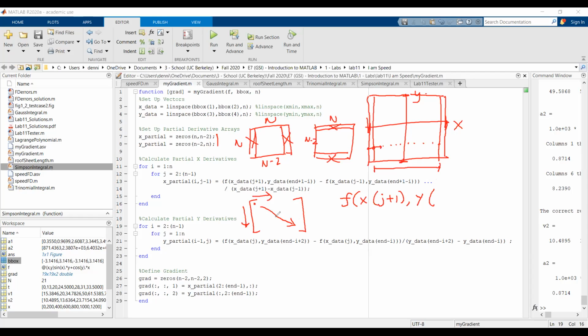But it's the flip of how we usually graph stuff. When we graph XY data, here's our X data, here's our Y data, and then here's the graph. We're plotting the points from the bottom left to the top right. So it's the opposite of the way we're setting up this matrix.